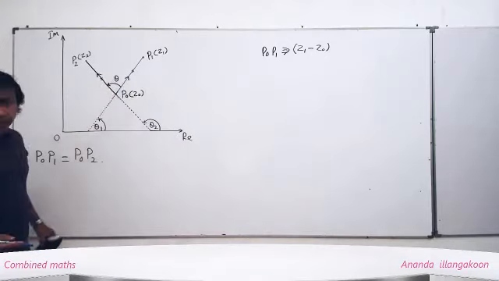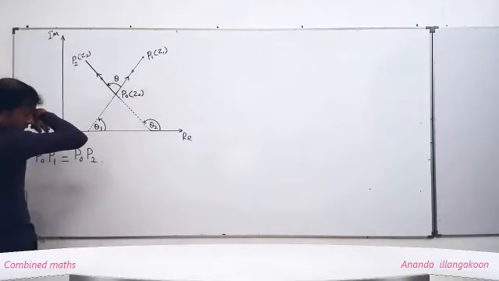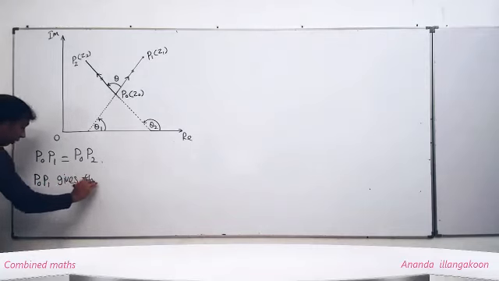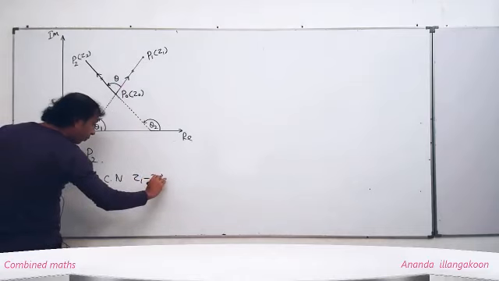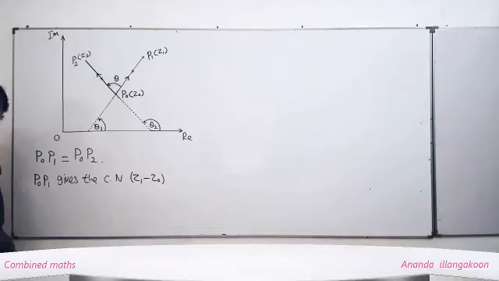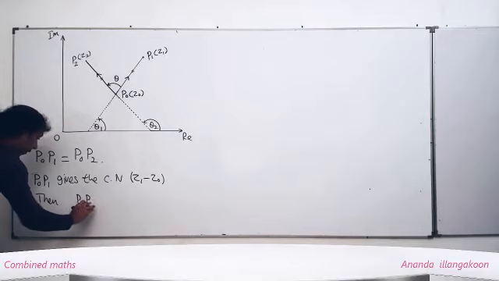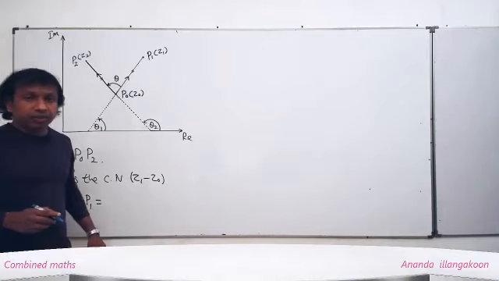Next part. Now you can see very clearly, the P0P1 line segment gives the complex number Z1 minus Z0.